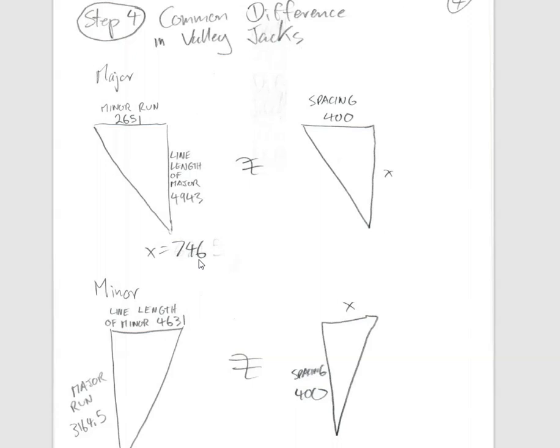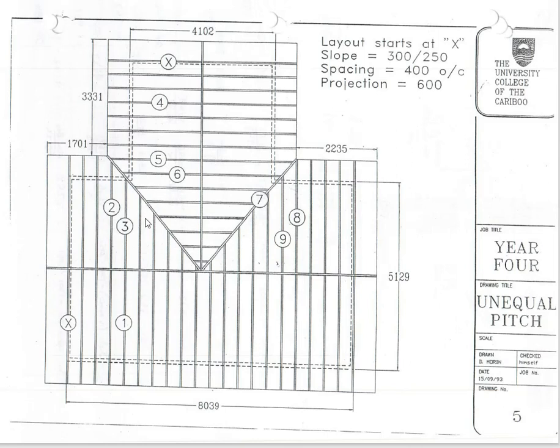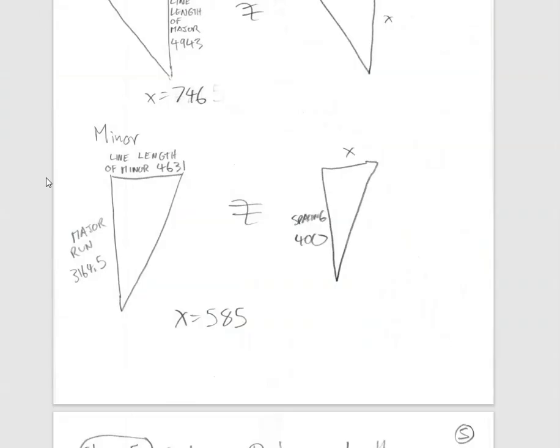And we do the exact same thing for the minor. Let me show you how that looks. So we just figured out this common difference here for each of the majors, and now the same thing for the minors. We're going to figure out the common difference in length for the minors. We do that the exact same way, except we're using the minor slant triangle.